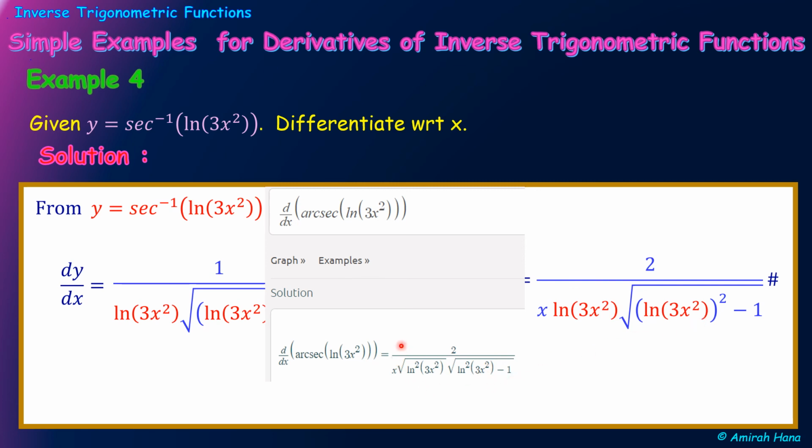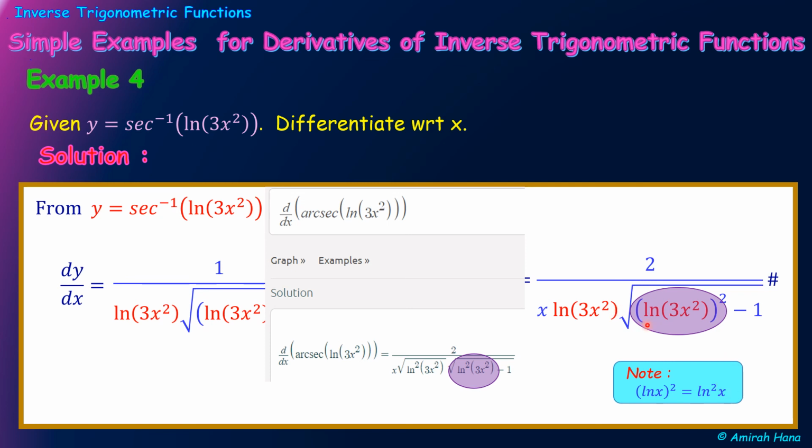The answer looks different, but actually they are equivalent. Why? Because ln 3x squared in brackets squared actually equals ln squared 3x squared. From this formula, if we have ln x in brackets squared, we can write ln squared x, right?